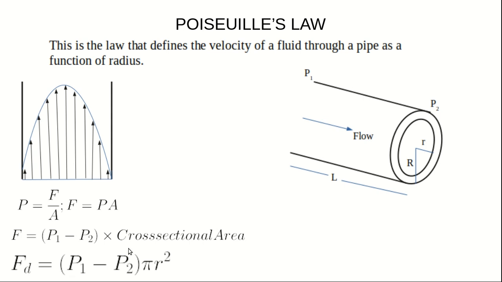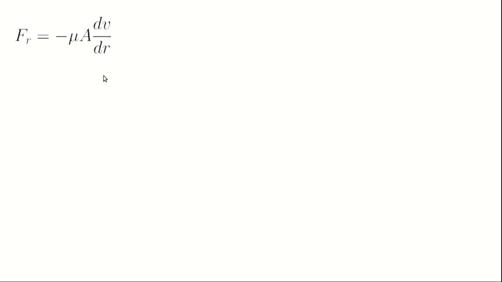If this is established, let's look at another force that opposes the fluid, which is a result of the viscosity. That force is called the retarding force, F_R, and it is equal to minus mu A, where A is the area of the pipe in contact with the fluid, divided by r, where r tells us that the velocity decreases as you move from the center of the pipe towards the edge.